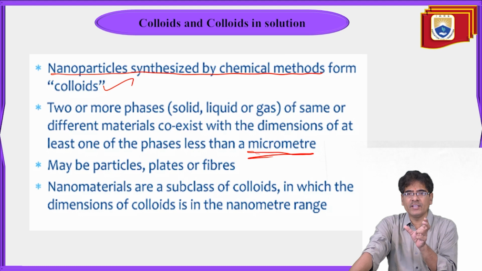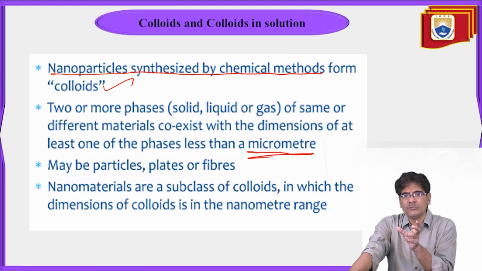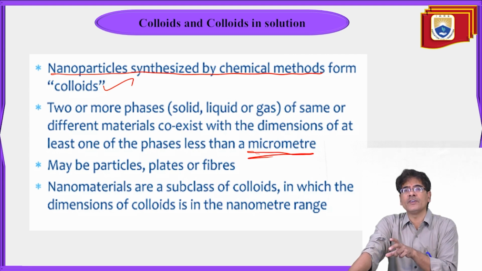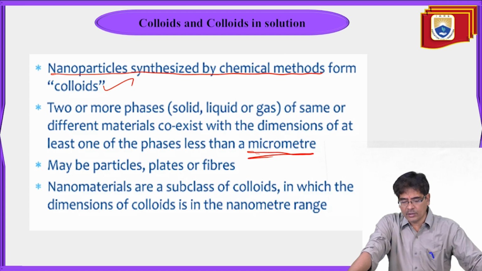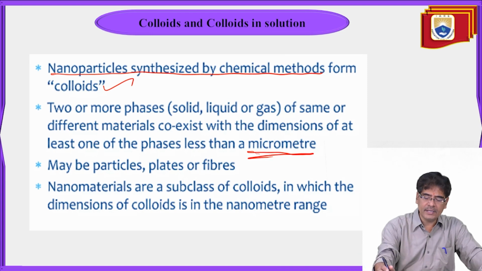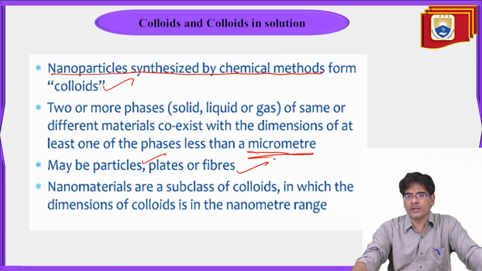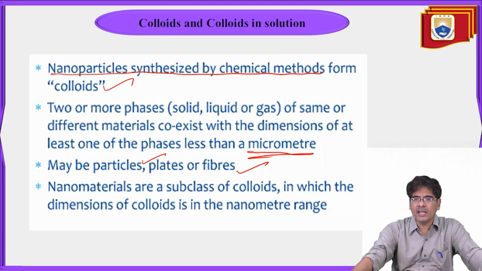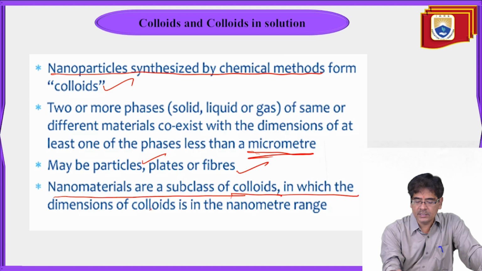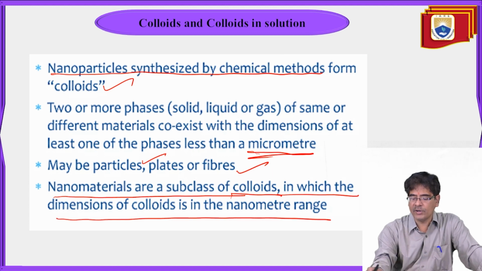So, when observing phase transitions, two or more phases like solids, liquids, or gases of the same or different material coexist with the dimensions of at least one of the phases less than a micrometer. These colloids in solutions can be particles, plates, or fibers. So nanomaterials are a subclass of colloids, in which the dimensions of the colloids are in the nanometer region.